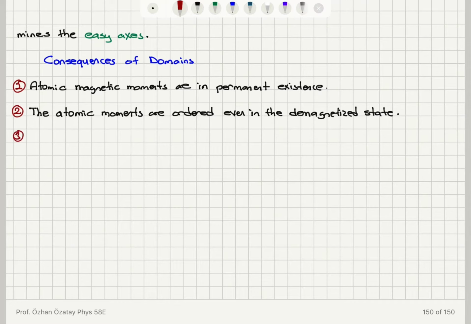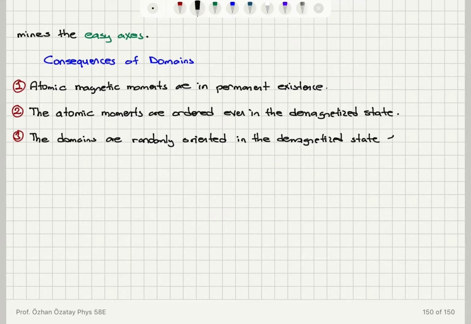So if you look at the total magnetization, the domains are randomly oriented in the demagnetized state, so that the average value of the magnetization is 0 throughout the sample.